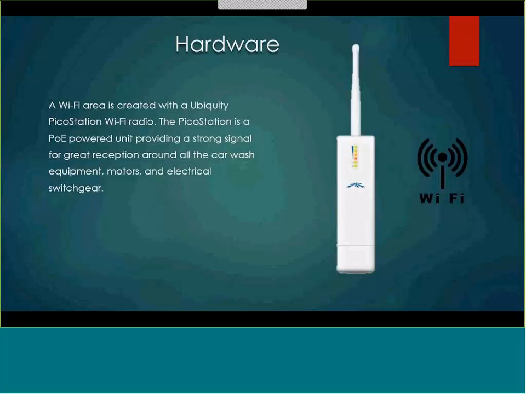It's a PoE powered unit. This little guy has done a tremendous job. You figure a car wash is full of steel and piping and conduit and wires and everything, but this guy squirts out a signal that does very well, and we've been very pleased with it in the car wash environment.